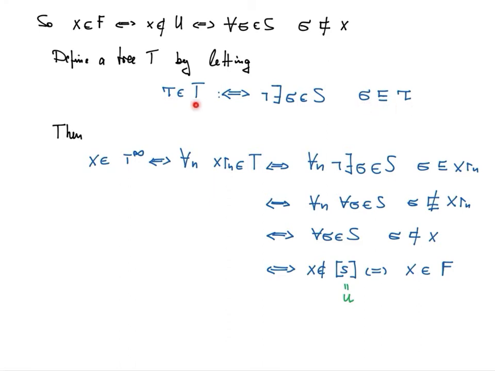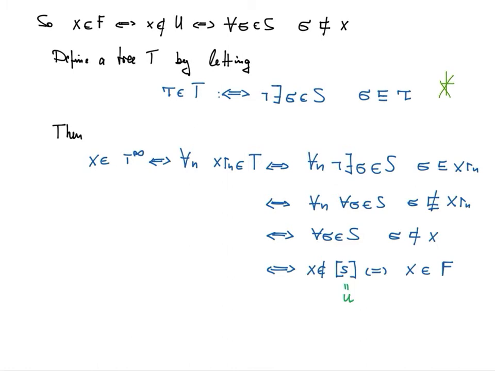So we put tau in T if and only if we cannot find a string sigma in S that covers it. You should take a moment to verify that this condition indeed defines a tree.